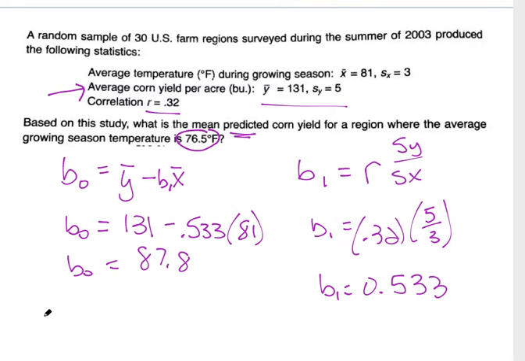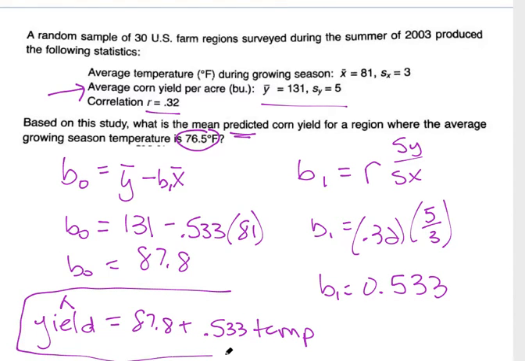Okay, so we're going to write in the context of the problem. So the predicted yield is going to be equal to 87.8 plus, and now I'm just putting it in, right? This is my y-intercept. My slope is 0.533 times the temperature.